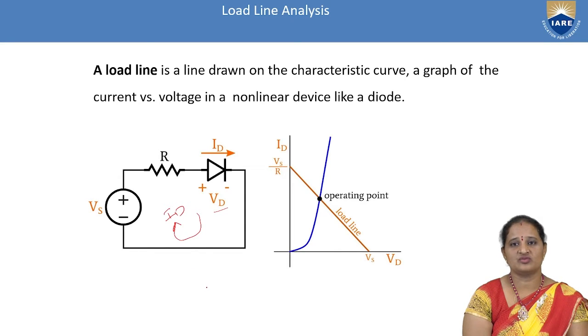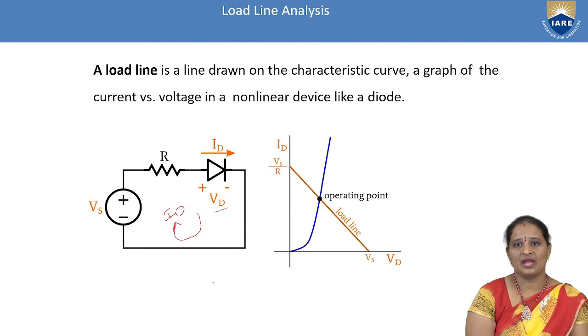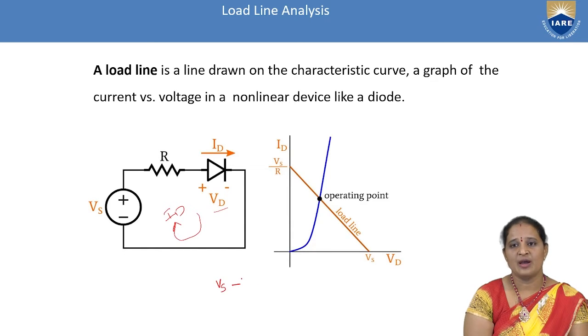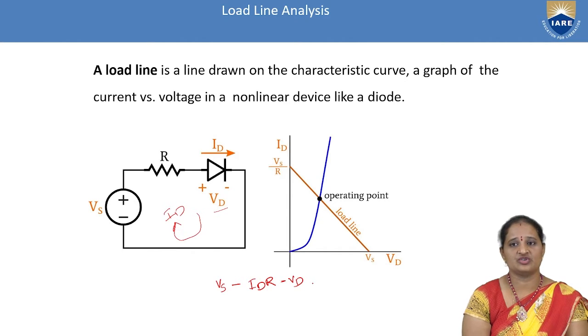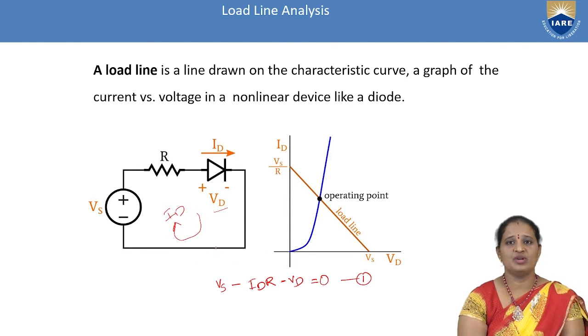By applying Kirchhoff's voltage law, we obtain the equation Vs, that is the input voltage, minus Id into R, the voltage drop across the resistance R since the current flowing through this circuit is Id, minus Vd, which is the voltage drop across the diode, equals 0.